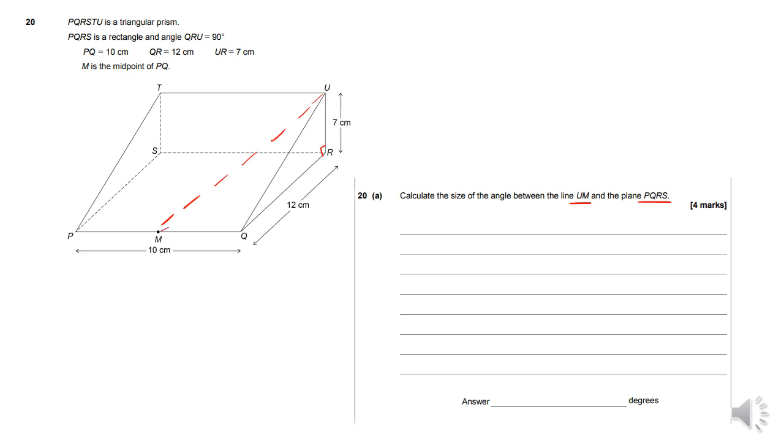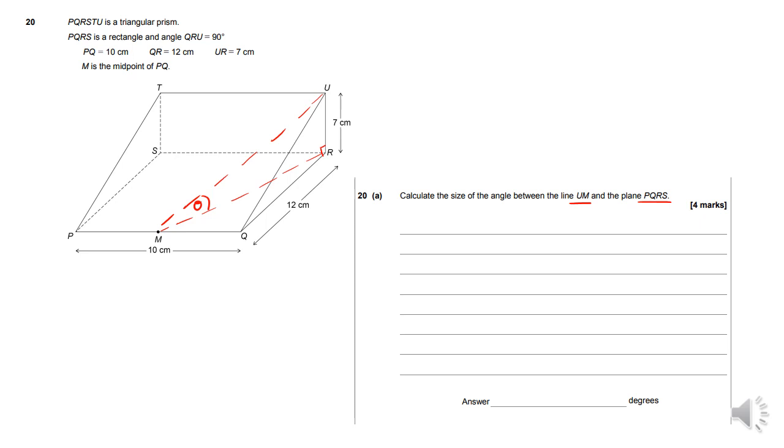But the most workable part is if we make a right angle triangle that looks like that. So it's cutting through the shape there. Because then if we figure out this angle here, I'll mark it as theta. That's the angle that we're actually interested in. I think once you realise that, the maths involved isn't too difficult, but it's actually thinking that that is the angle between UM and the plane PQRS.